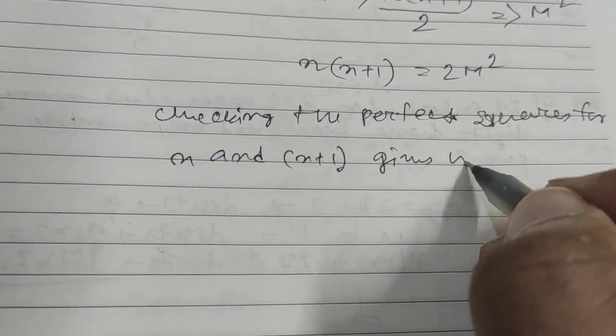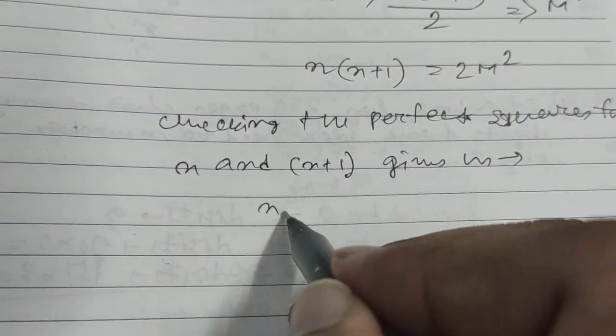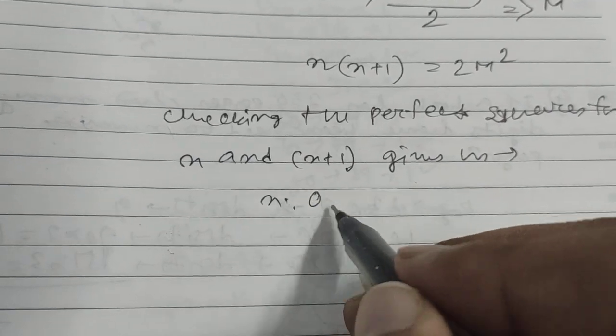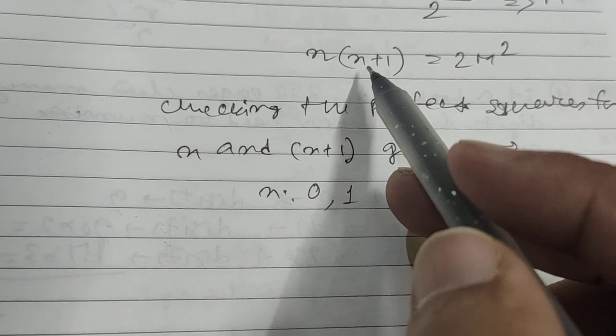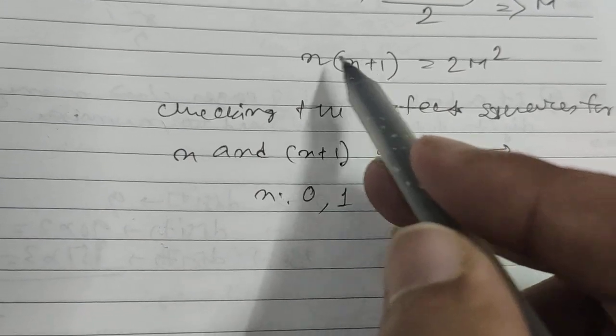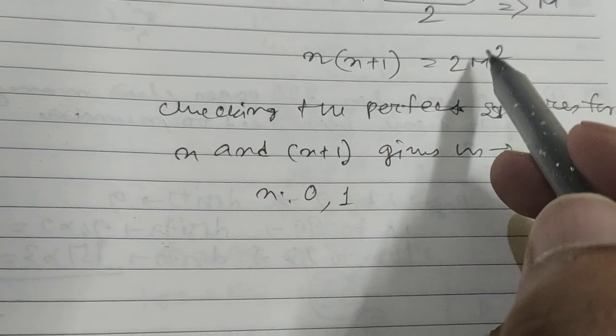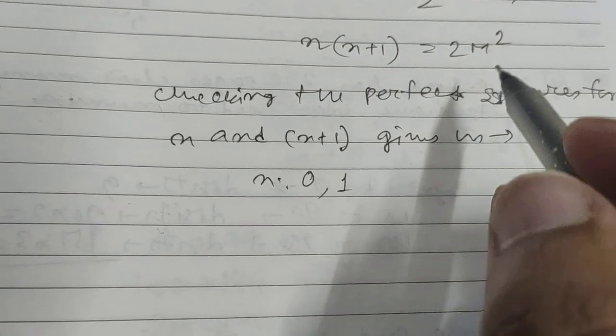It gives us n is 0, next one may be 1, plus 1 is 2, so 1 into 2, so 2m square you are getting.